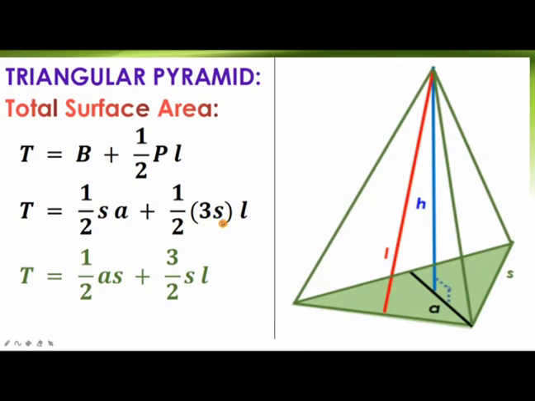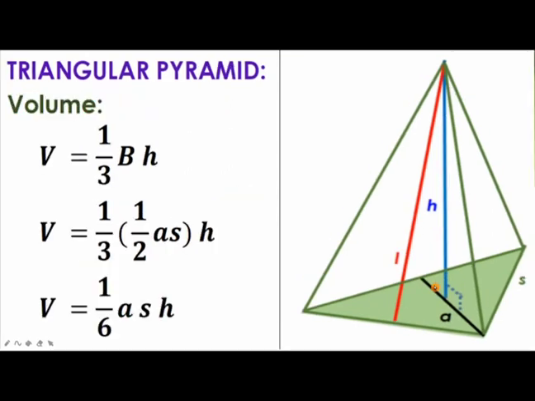Therefore, the total surface area of this triangular pyramid is given by this formula. T is equal to 1/2 A times S plus 3/2 times S times L. Now, let's derive the formula for the volume of this triangular pyramid.